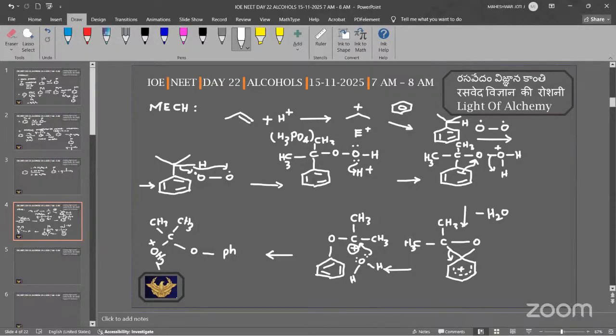See, now one of these two hydrogens, this electron density will be transferred to the positively charged oxygen, right? Then this hydrogen comes out as H plus. That H plus interacts with this oxygen, right? So this oxygen gets a positive charge. I'll write the structure in the next slide.